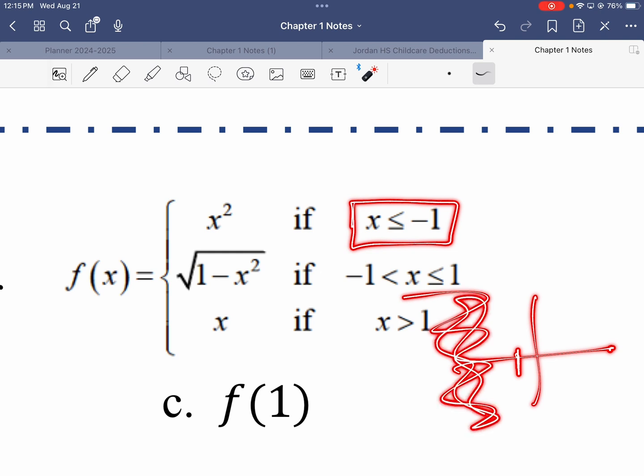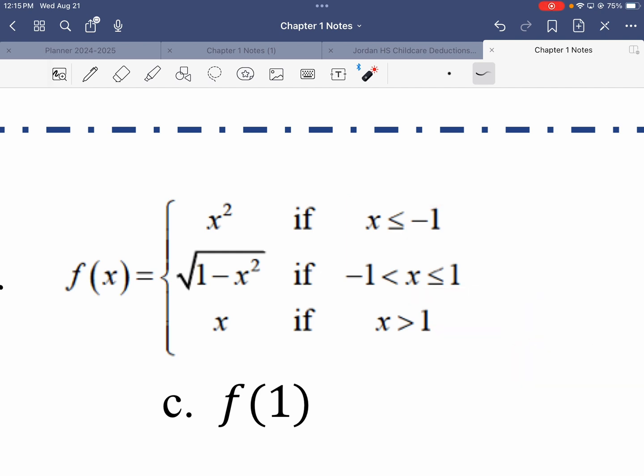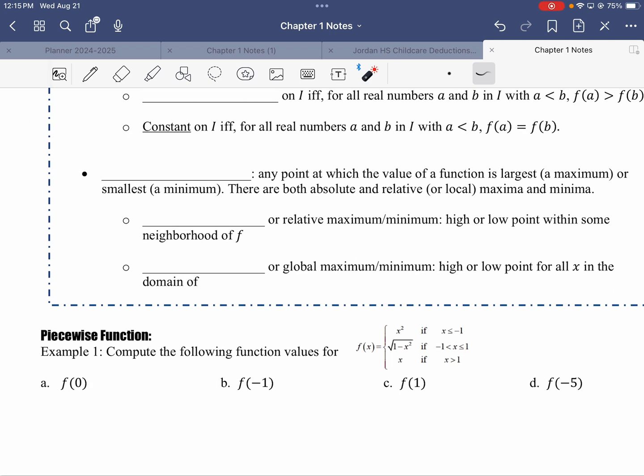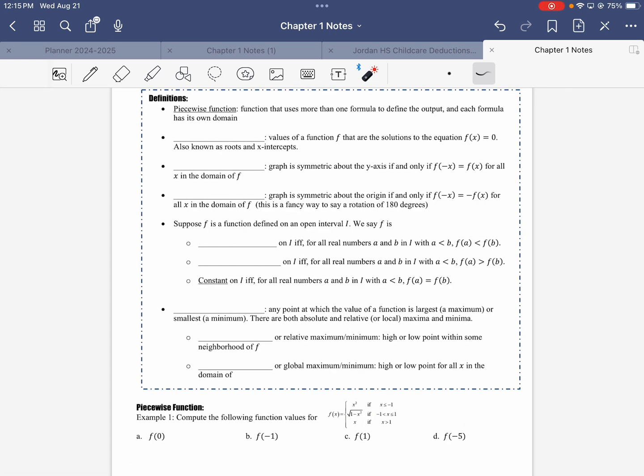This chunk is defined by x squared. And then if it's between -1 and +1, we're talking about this chunk of the graph. That's defined by the square root of 1 minus x squared. And then if we're talking about where it's greater than 1, we're talking about this area over here, and that's where y equals x. Does that make sense? Okay. So that's what piecewise functions are.